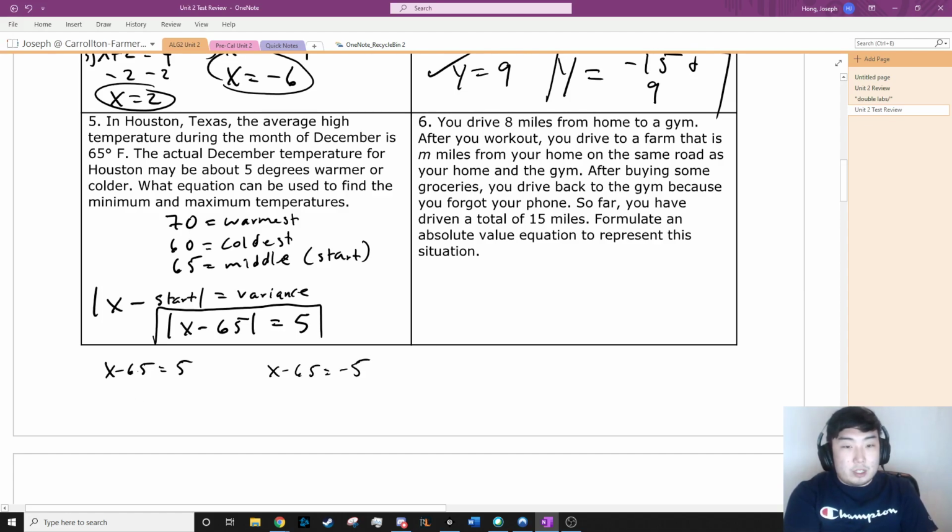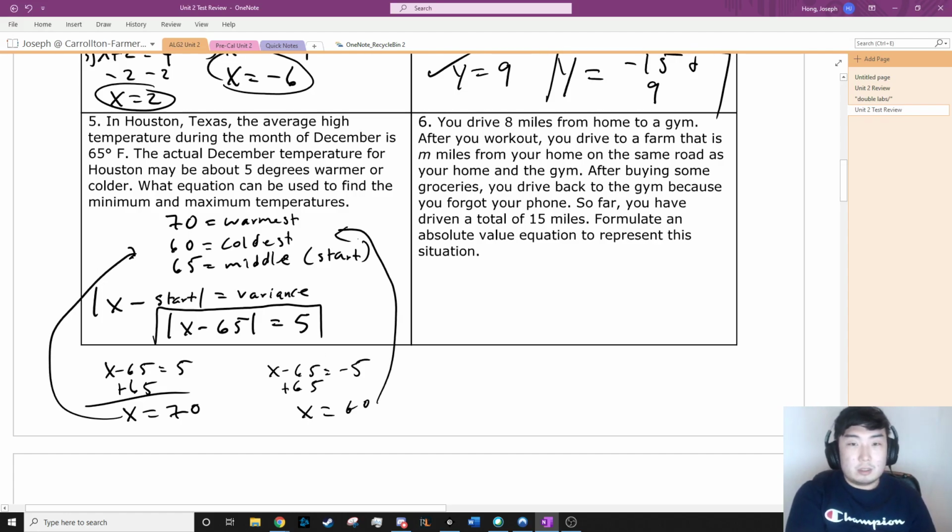To get rid of the things next to the x, I have to add 65 on both sides for both of the equations. So x is equal to 70, x is equal to 60. And isn't that really what this is right here? It is. So this equation makes sense.